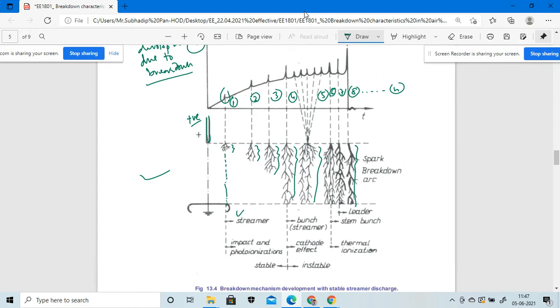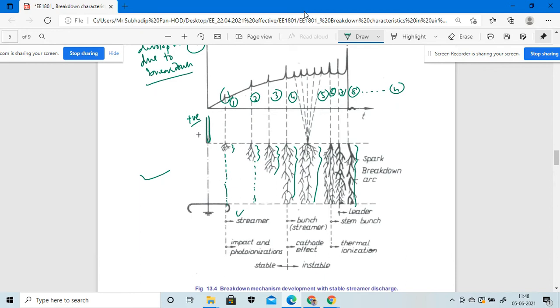And what will be the impact of this spark? Due to the impact of this spark, the photoionization process will take place, which has a stable operation, right? In this process we also have impact ionization, or impact photoionization, taken into consideration, and there must also be a stable operation.